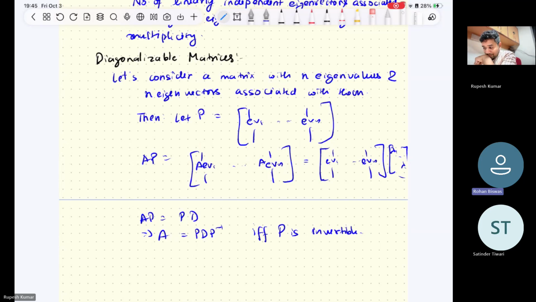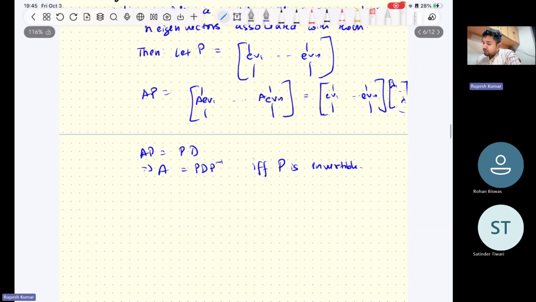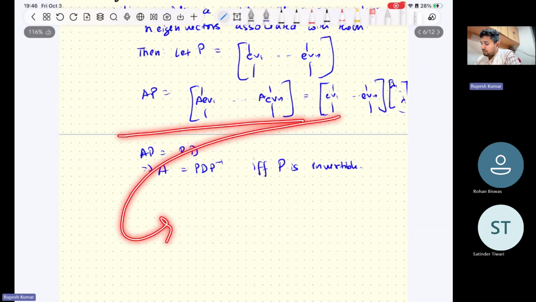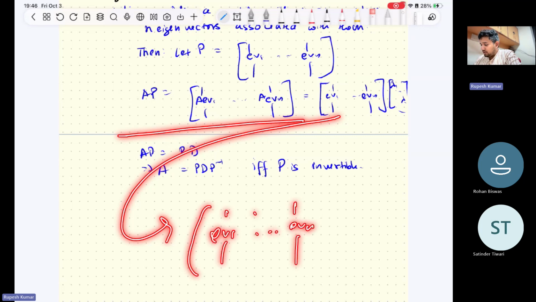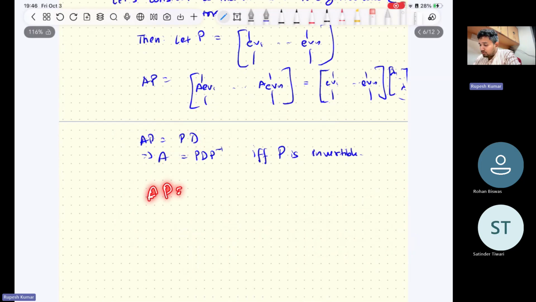Do we know what AV1 is? Lambda 1 v1. So we can write this as eigenvector 1 through eigenvector n multiplied by a diagonal matrix containing the eigenvalues on the diagonal, with others 0. So this gives us the pattern AP equals PD.